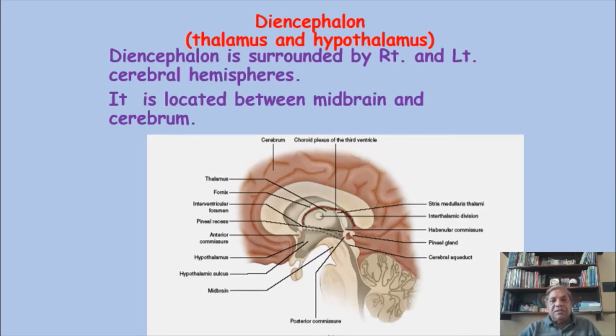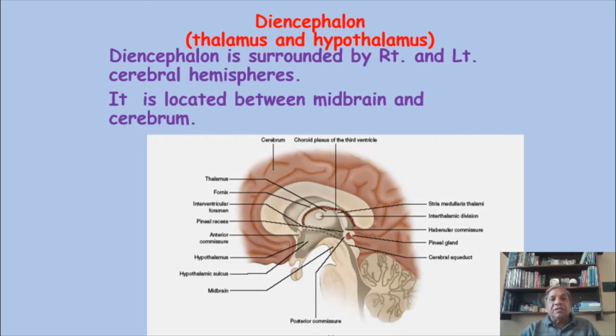Now this dorsal and ventral diencephalon, which are collectively called the diencephalon, is located between, and completely covered by, the right and left cerebral hemispheres. And if you see the proximo-distal location, it is just above the midbrain. This part is the midbrain.